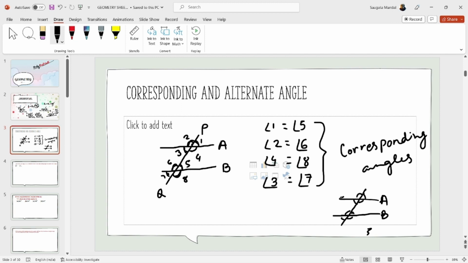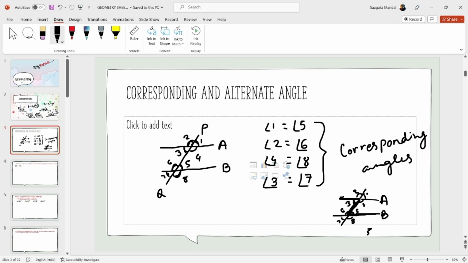Here you can easily see the Z shape. The angles are 1, 2, 3, 4, 5, 6, 7, 8.